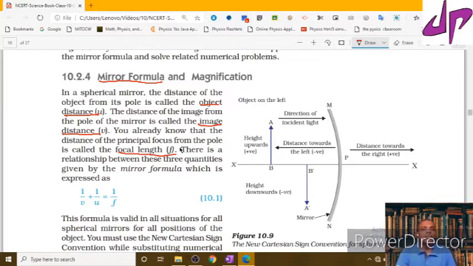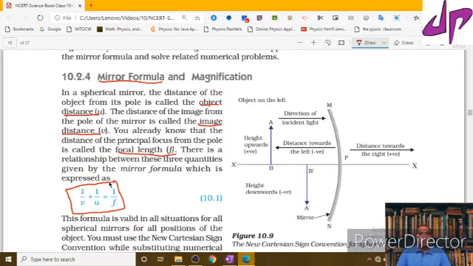The relationship between these three parameters, object distance u, image distance v and focal length f is known as mirror formula. The simplest formula: 1 by v plus 1 by u equal to 1 by f. Here v is the image distance, u is the object distance, f is the focal length.